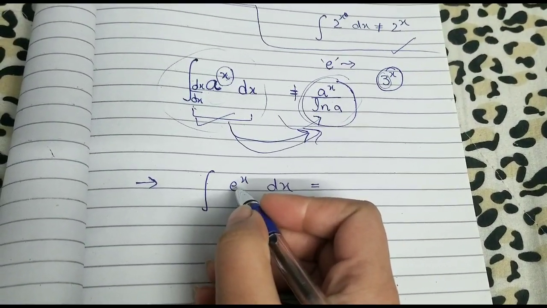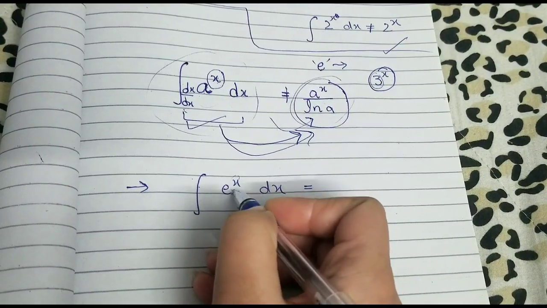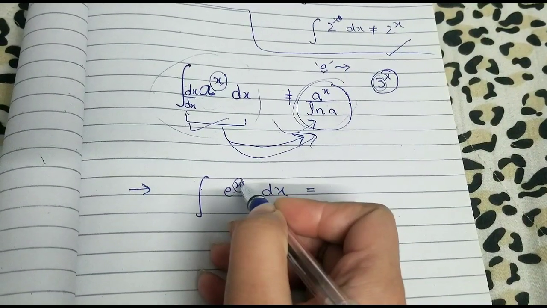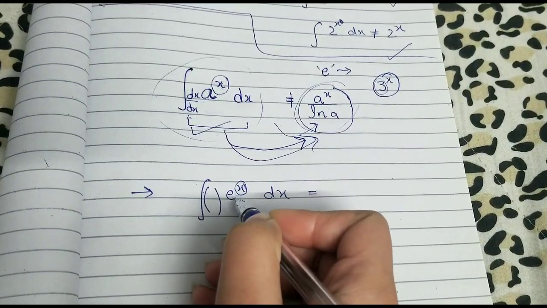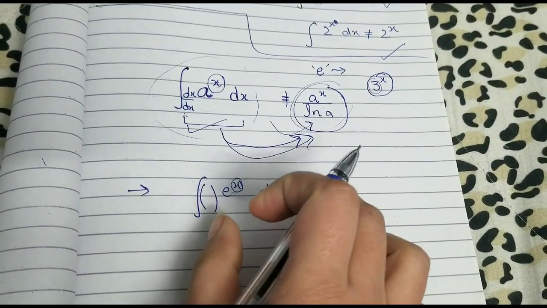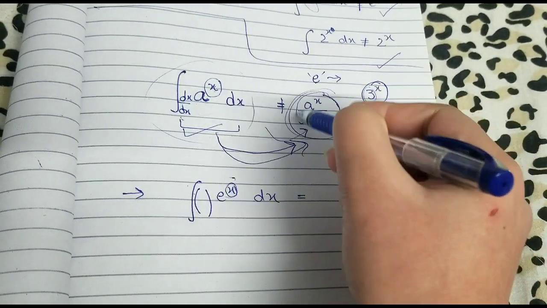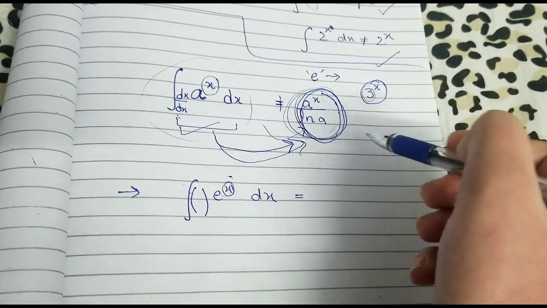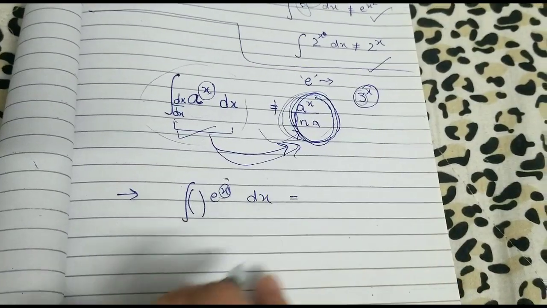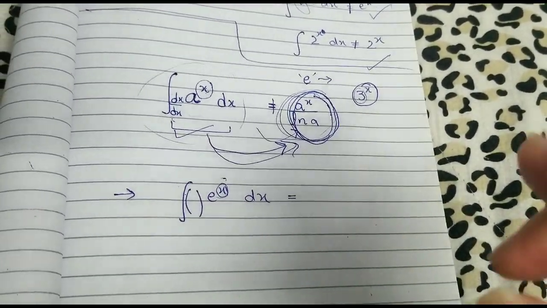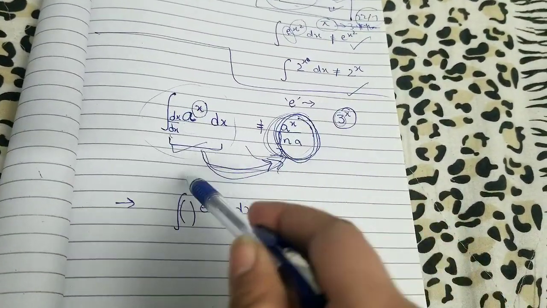What I told you is that if the derivative of its power, which is x here, appears alongside the exponential function inside the integration, only then can you write its integration equal to this. Otherwise you cannot write it like that. You have to use alternative methods to solve the integral.